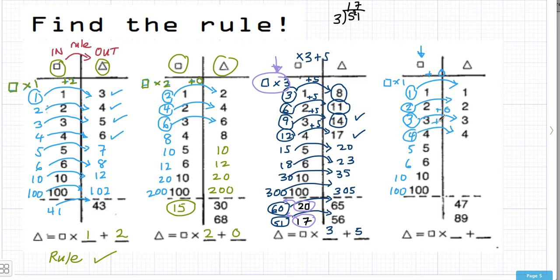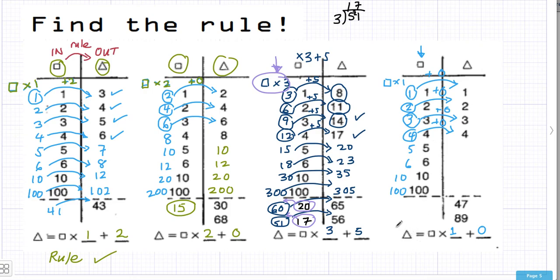Now keep in mind, this rule would be taking the square number, multiplying by 1 and adding 0. Keep in mind, sometimes you may end up in the middle subtracting something rather than adding it, and that can happen in some of the rules that you have underneath. So it's just a matter of multiplying by something, getting it really close, and then figuring out what this adding a number or subtracting a number is.